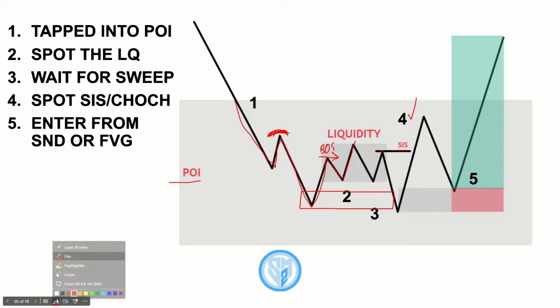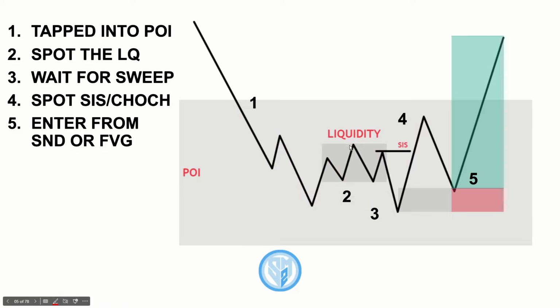However, here, this high and even this high are both points of structure which are indications of bearish structure. So when we see these highs being broken, that's when we can say we have a shift in structure, or otherwise known as a change of character.